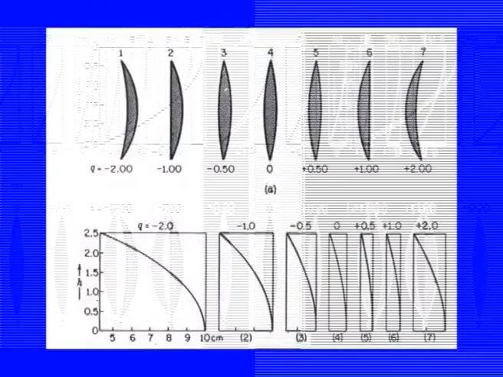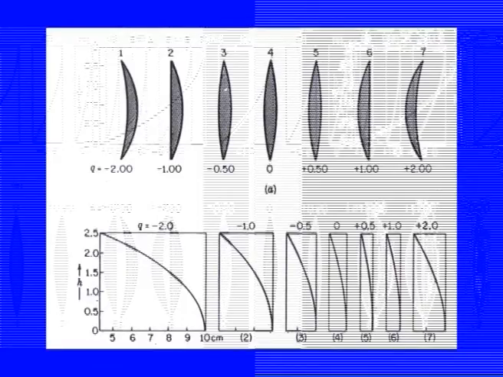In the bottom figure, on the vertical axis we have the height of the ray. 0 means along the axis, and from 0.5 going up to 2.5 is the height of the ray, and the horizontal axis shows the magnitude of the longitudinal aberration, the difference between Fm and Fp.